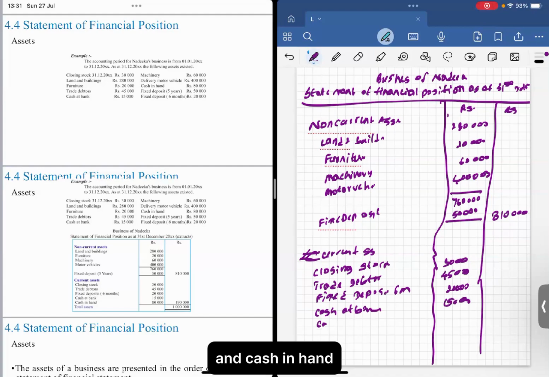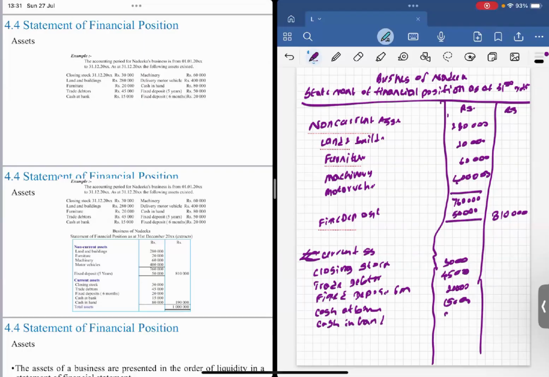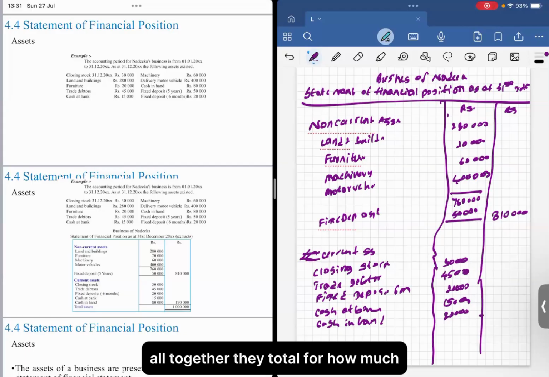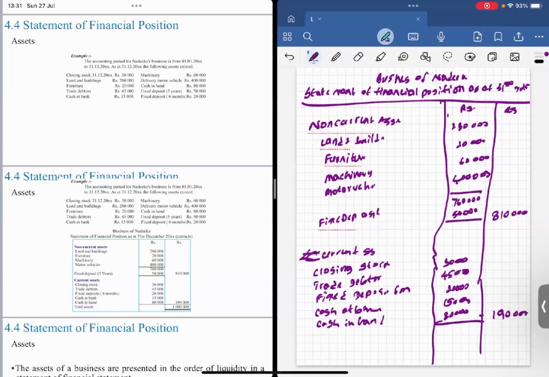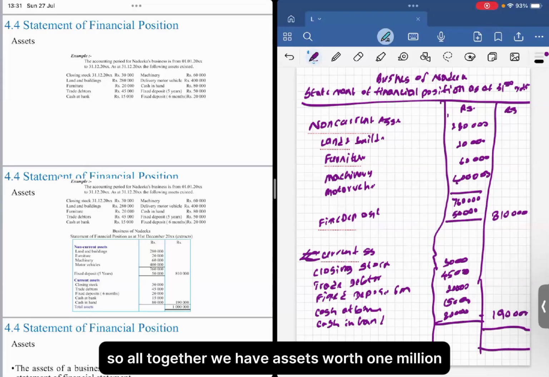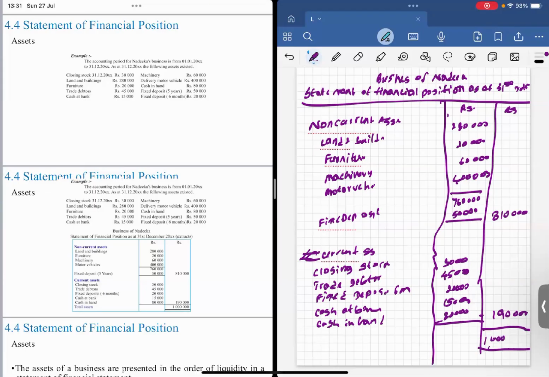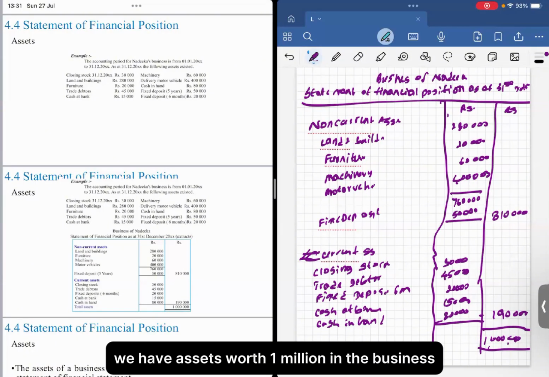And cash in hand, 80,000. Altogether, they total 190,000. So altogether, we have assets worth 1 million in the business.